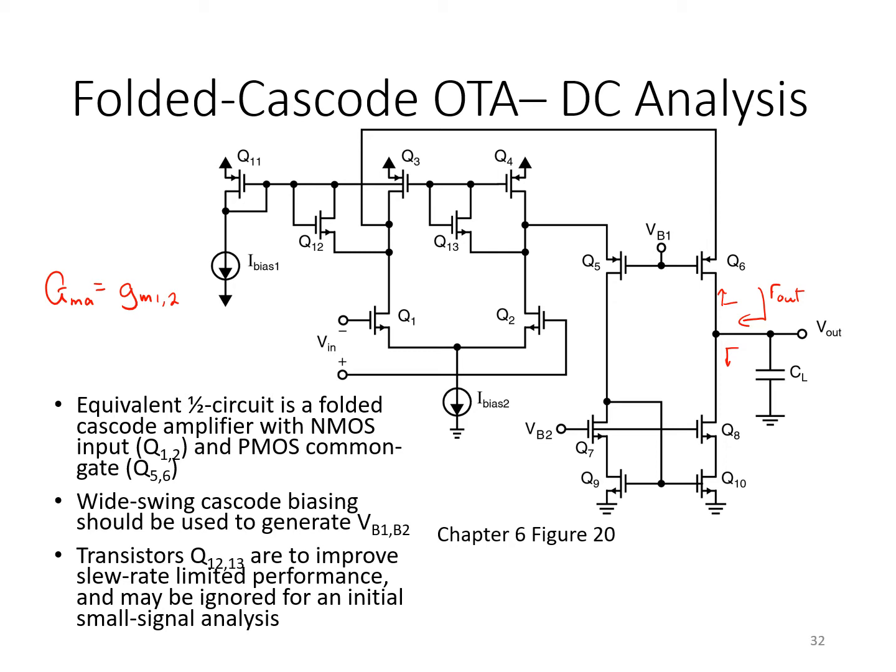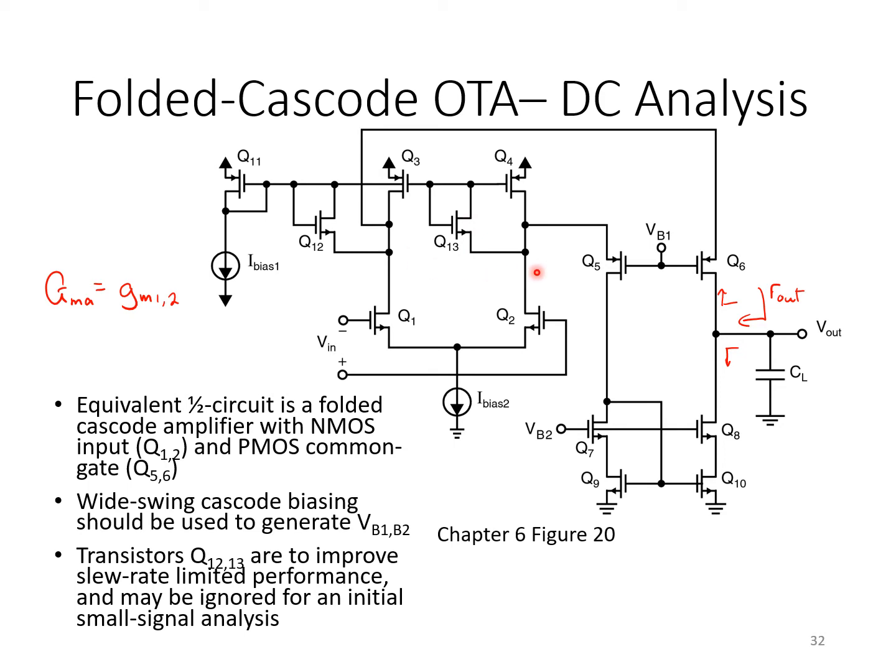Some other details on the schematic. The transistors Q12 and Q13 are additional transistors that are added to improve slew rate performance. We'll discuss them later, but they can be ignored for the time being. Under normal small signal operation, they would be turned off at all times.